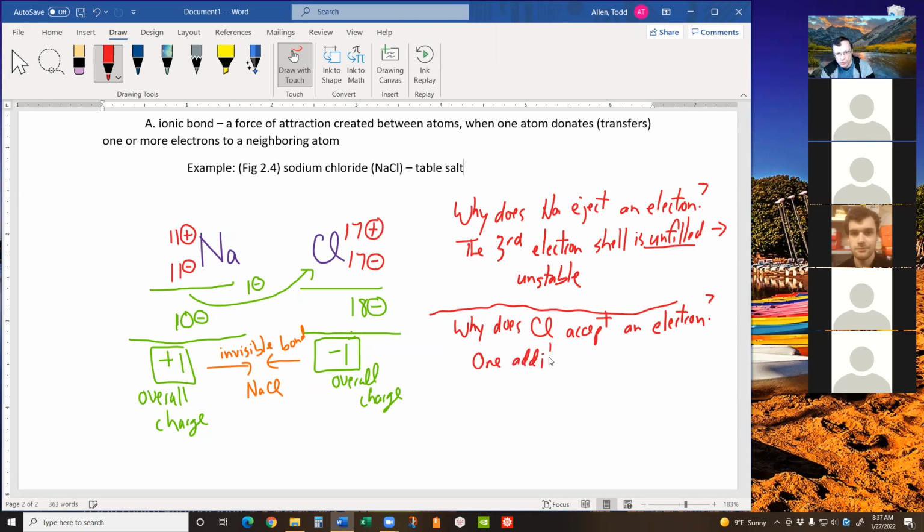One additional electron is needed to stabilize the third ring of electrons. And again, when you're going back to review your notes in 2 weeks, remember, this is all in relationship to figure 2.4 that we're having this conversation.